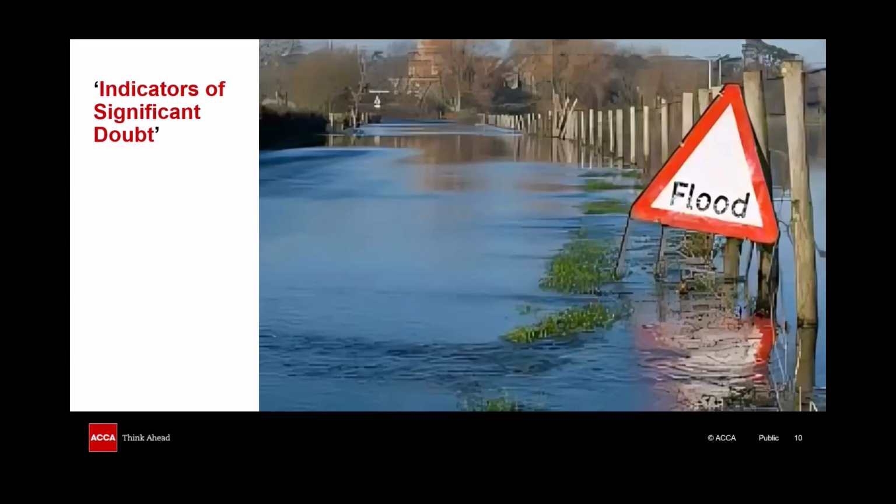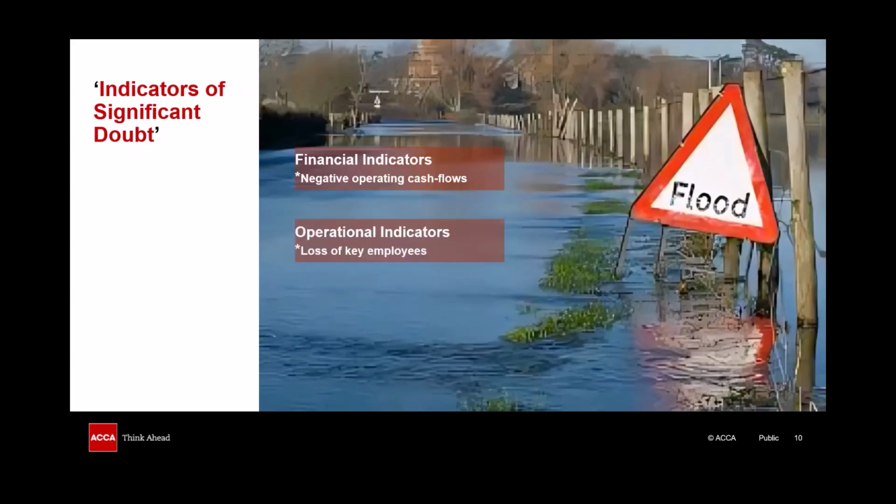Well, the main focus of the auditor at both the planning stage and during the execution of audit is to keep an eye on indications of significant doubts in order to conclude whether a material uncertainty exists or not. These indicators can broadly be categorized as the financial indicators, such as negative operating cash flows, operational indicators, for example, loss of a key employee without replacement, and legal and other indicators, for example, adverse legal judgments against the entity.